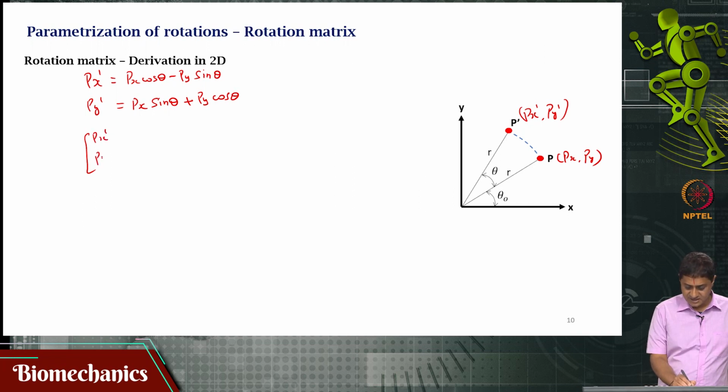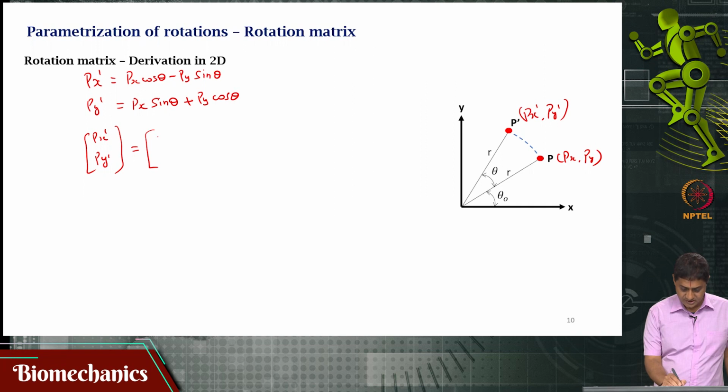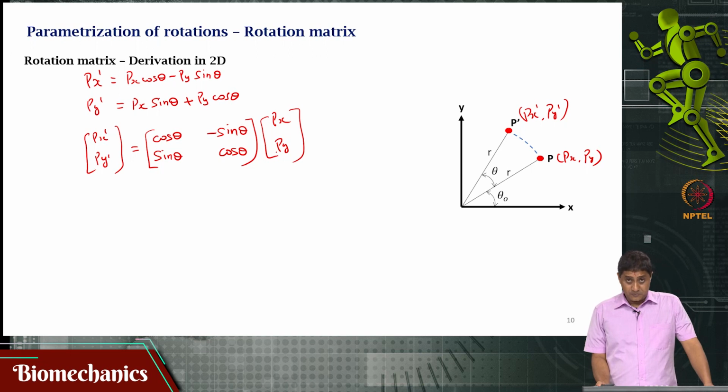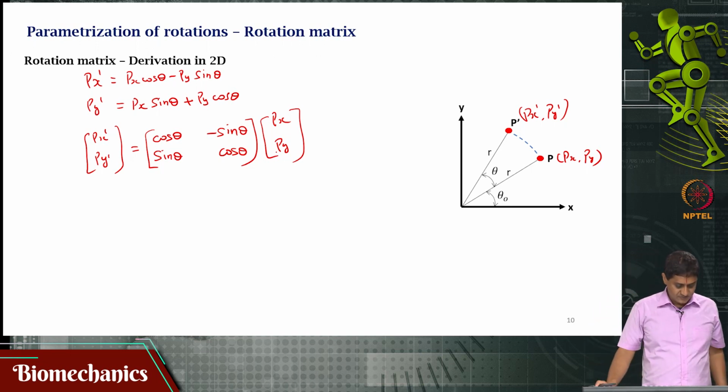This is Px dash, Py dash, the vector, is a 2 by 2 matrix which is essentially cos theta, minus sin theta, sin theta and cos theta, times the original coordinates Px, Py. This is the formulation of the rotation matrix for this situation when the rotation happens by an angle theta in 2D, right.